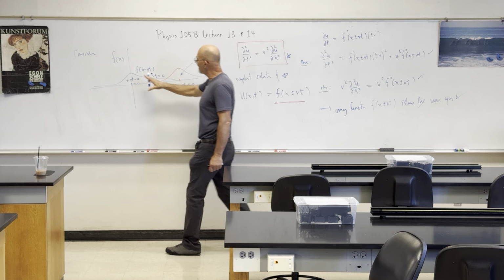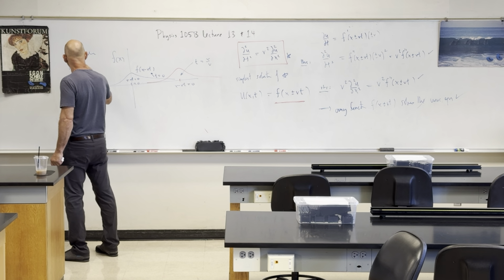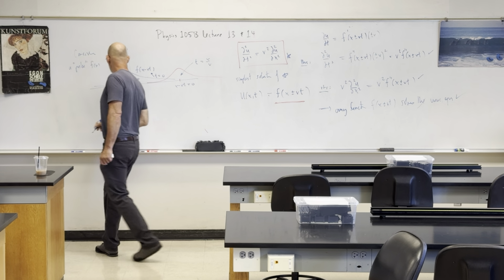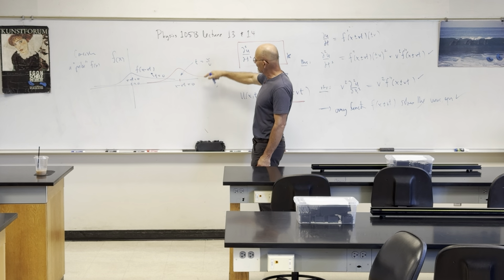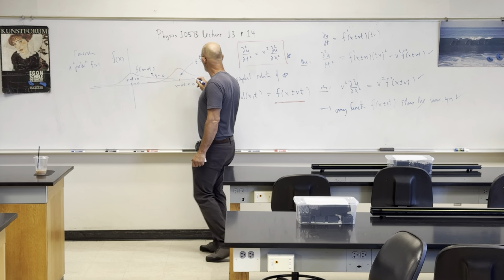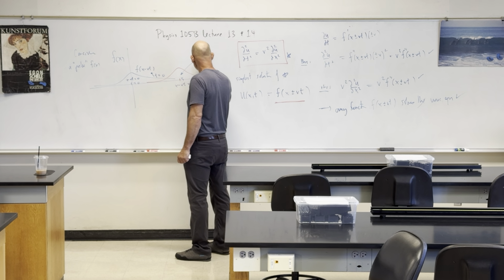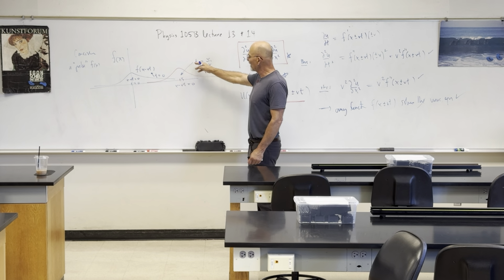So whatever this pulse was, consider a pulse, a smooth function. At time t1 equal to this distance x1 over v, call this point x1, t1 equals x1 over v, the pulse has moved to the right.